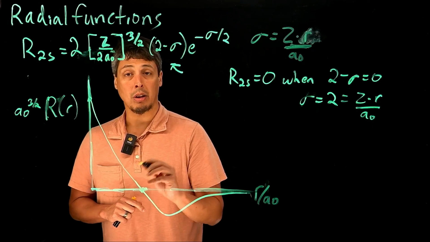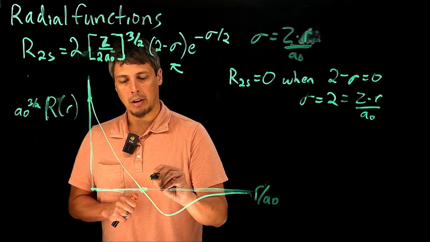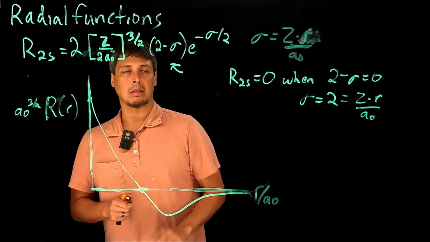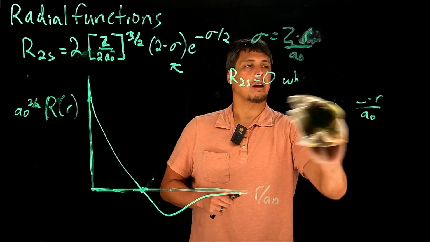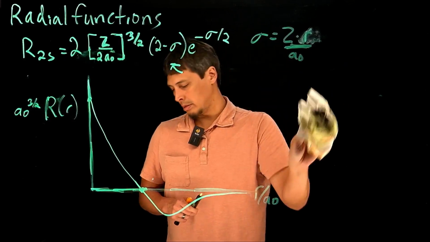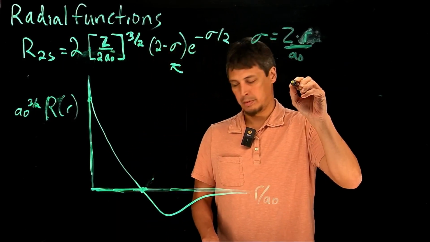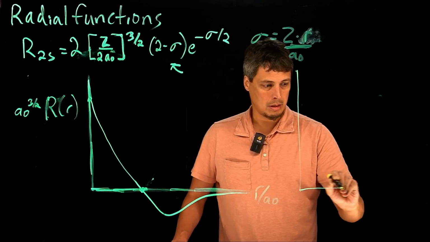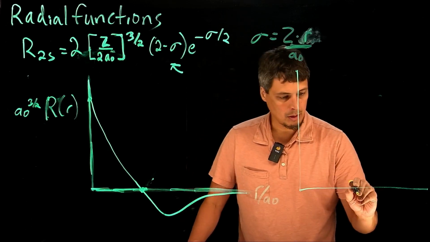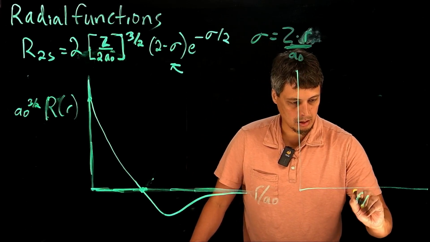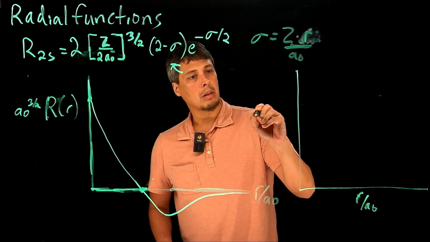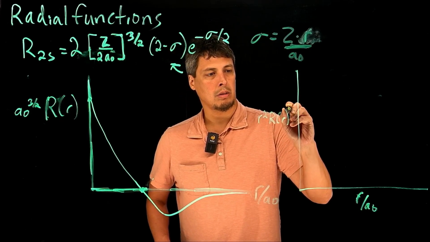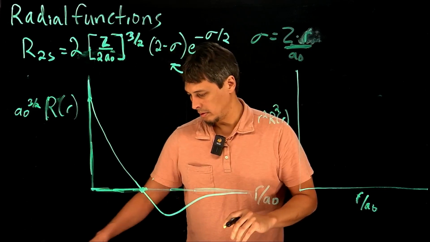Again, we have this crossing point where we will not have any probability of electron density, and that becomes a little bit easier to see when we square this and replot it, as 4 pi r squared R squared versus r over a naught.